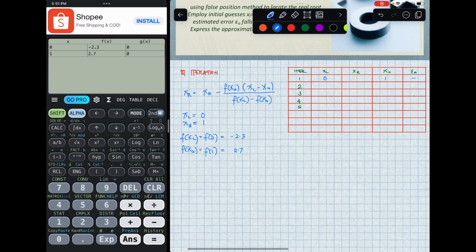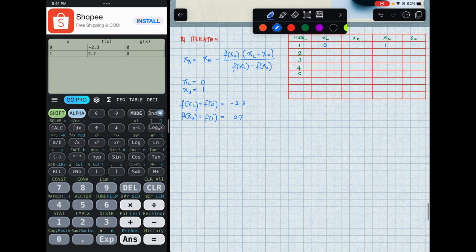Now that we have this, we can compute for our x sub r. Using our formula, our x sub u is 1. Then we subtract f of x sub u, which is 2.7, multiplied with x sub l, which is 0, minus 1, divided by f of x sub l, which is negative 2.3, minus f of x sub u, which is 2.7.